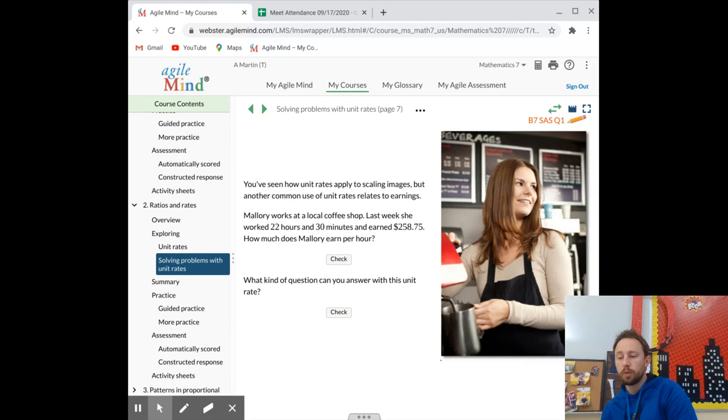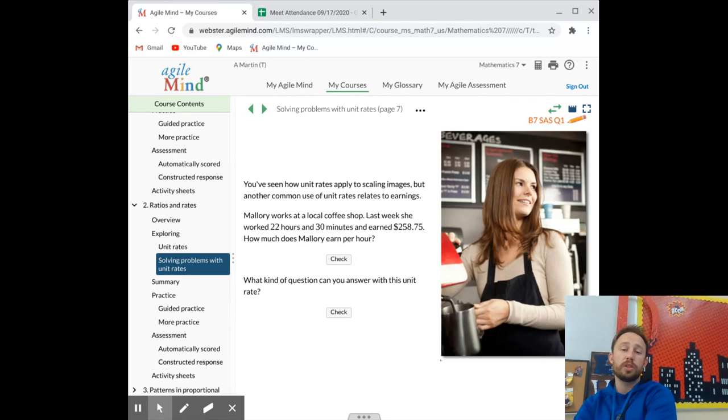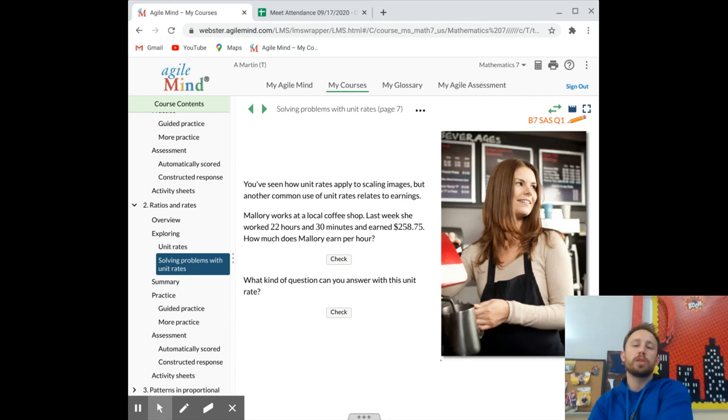So we've got to think about how we can write time as a single number, because right now that time is set up in hours and in minutes, but we need it in just one. It either needs to be in minutes or just hours. And then, just like he said, we're going to do the dollars divided by the time.